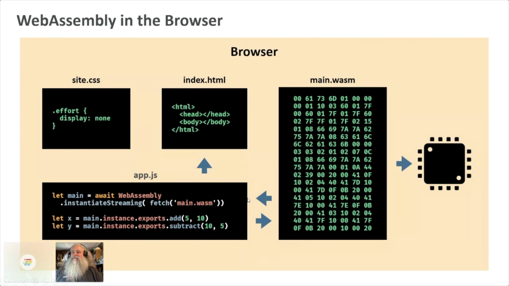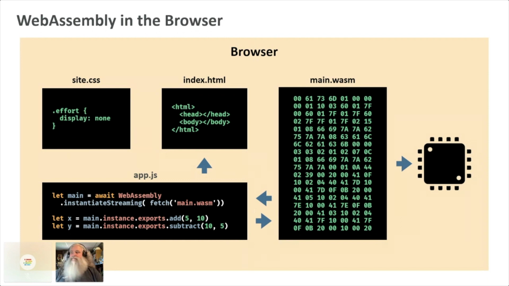The interesting part here is the arrows. So your app.js, of course, can interact with your DOM and manipulate it, right? That's the essence of web apps. But it can also interact with WebAssembly, and WebAssembly can interact with it. So my JavaScript code on the front end becomes something that WebAssembly can talk to, and it can talk to WebAssembly. Now you'll notice there's not an arrow connecting WebAssembly to the DOM.